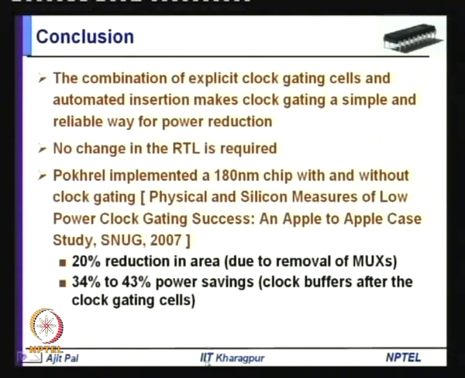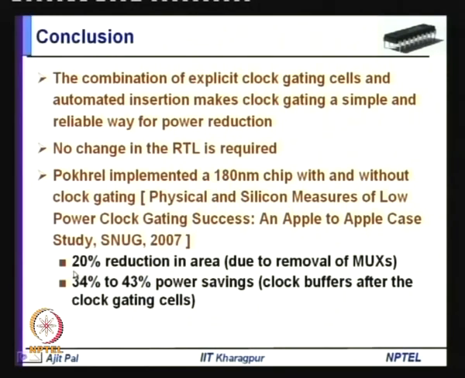That is the reason why they have given a very interesting name, physical and silicon measures of low power clock gating success, an apple to apple case study. So, they compared the circuit with clock gating and without clock gating, and that was reported in the conference SNUG in the year 2007.